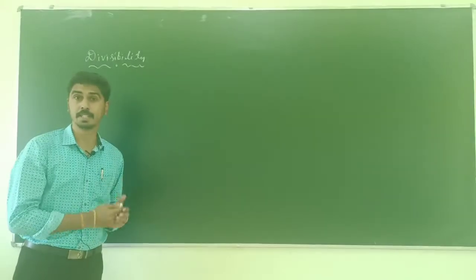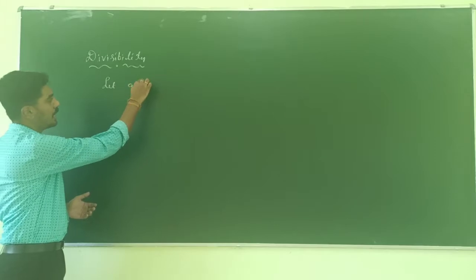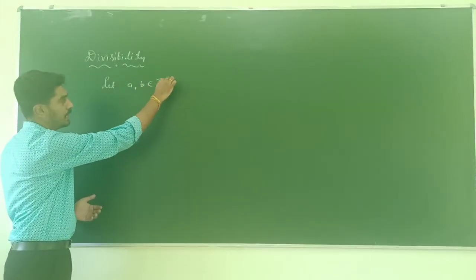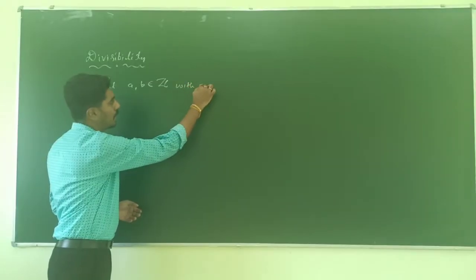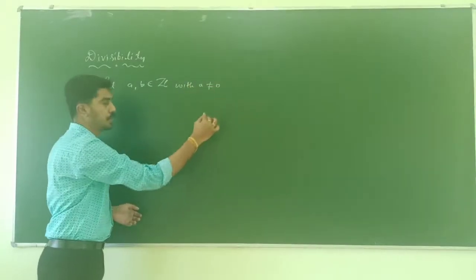Divisibility of integers. Let a and b belong to Z with a not equal to 0.